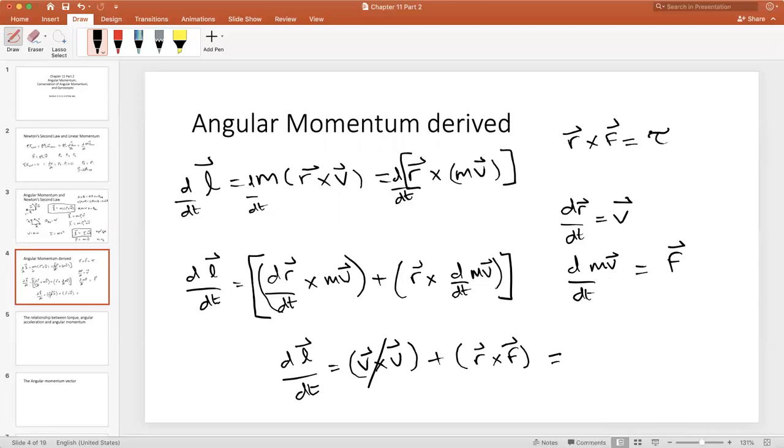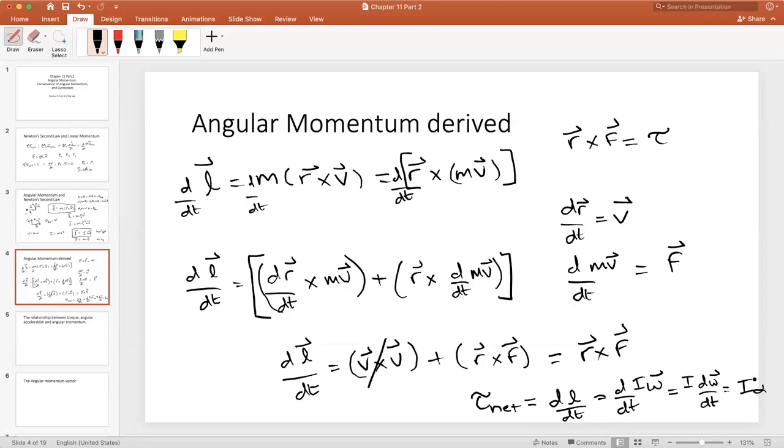Further, if this is a net force and this is a net torque, so dL/dt is r cross F, which is another way of saying that the net torque acting on the system is equal to the time rate of change of L. Furthermore, because L is I omega, as we saw earlier, this we can write as I times d omega/dt, which is I alpha.